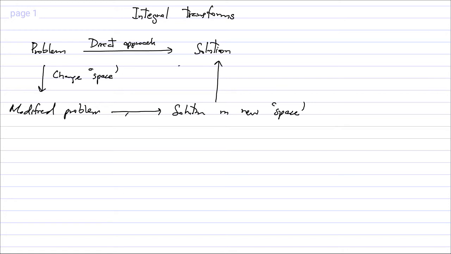So for example, if you had a function which varied with time, you were dealing with the time dependence of the problem, you convert your problem to looking at the frequencies. You solve this in the so-called frequency space or frequency domain, and then this new solution you convert back to your original time domain.